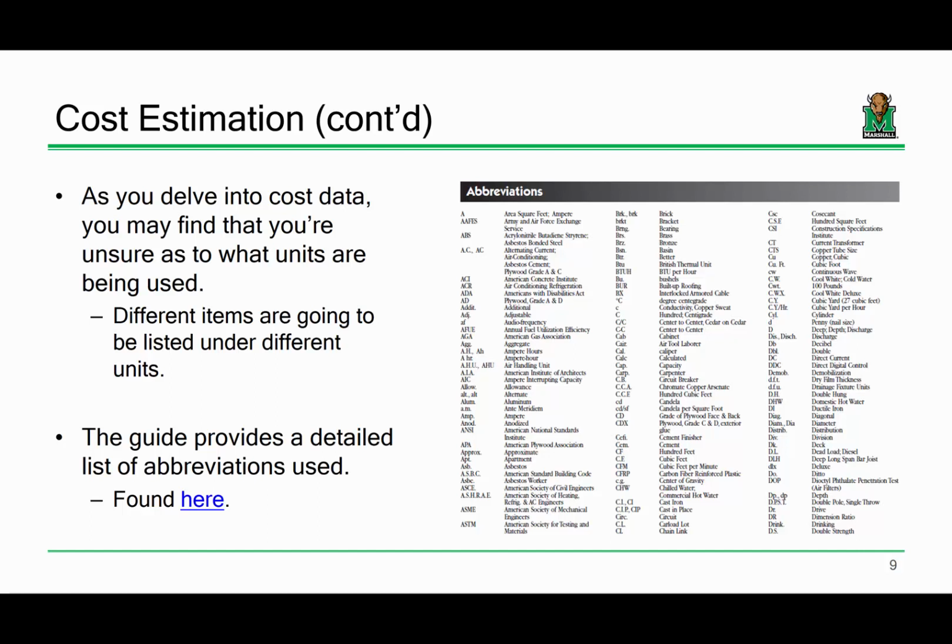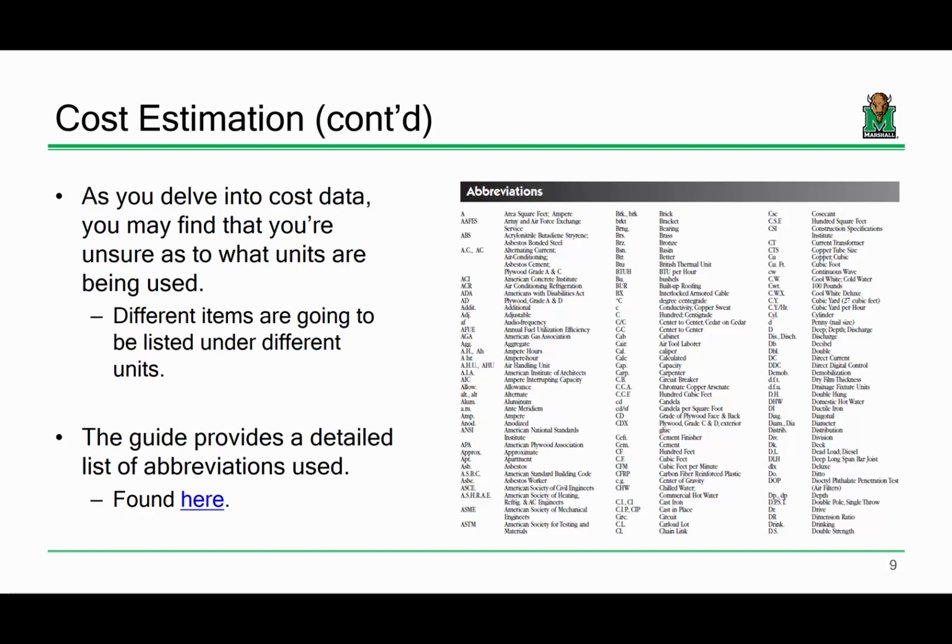Now, one thing that's kind of crazy, and I know this might seem a little weird, but as you delve into this cost data, one thing that's kind of weird is what are the units being used. I mean, some of these are some really out there units. So some of them are pretty straightforward. Some of them are listed in units, like if you're talking about electricity, in units of amps or amperes. But then you have units of chilled water, ditto.